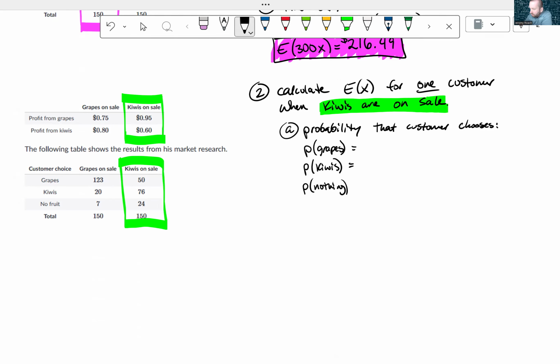They don't buy anything at all. So the probability that they choose grapes when kiwis are on sale is 50 over 150. Kiwis is 76 over 150, and no fruit at all is 24 over 150. Okay, then we're going to find the expected value when kiwis are on sale.